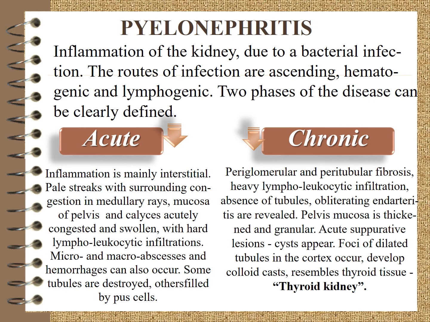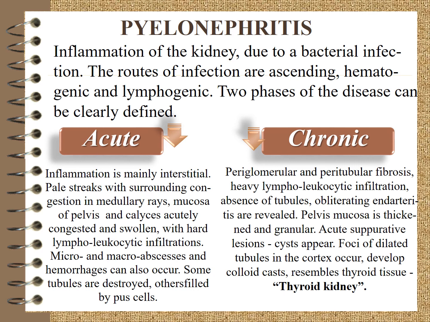Macroscopically, there is a progressive contraction of the kidney due to fibrosis, which becomes grayish-white. In cases with urinary obstruction, the external size of the kidney may remain normal or even be increased. The minority of cases are of this type.